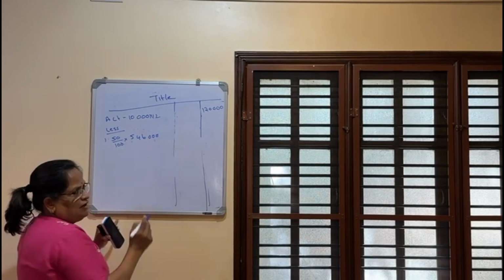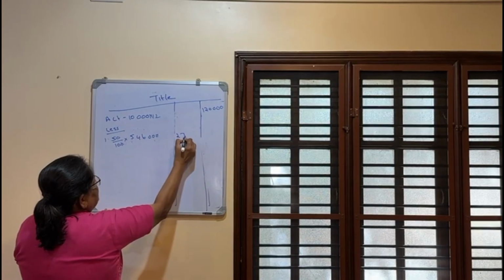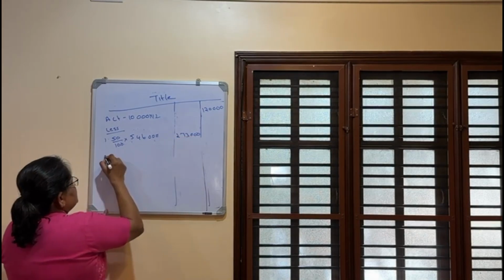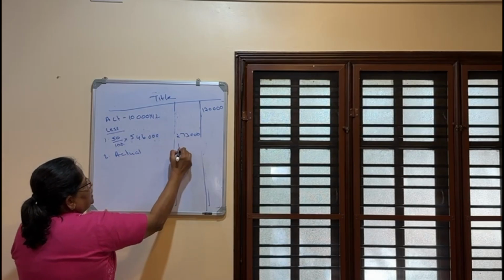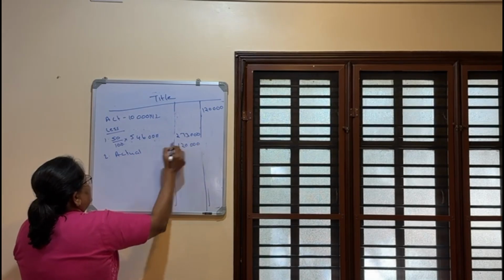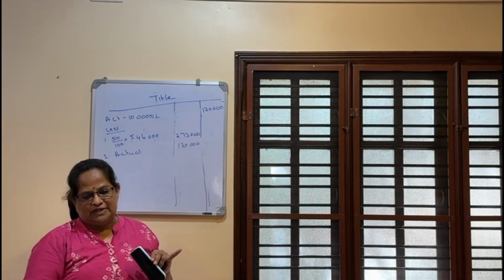The value is 2,73,000. Second is actual HRA received, it is 1,20,000. Now third is excess of rent paid over 10% of salary.